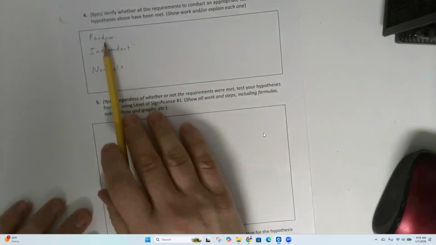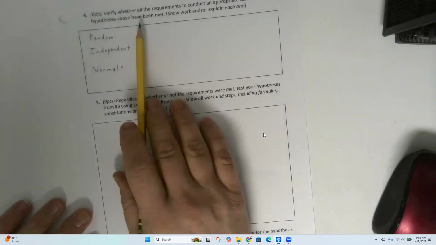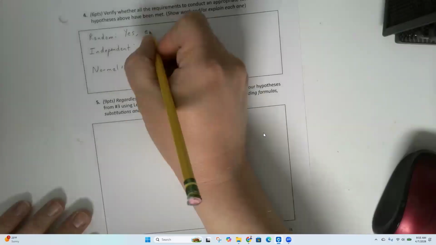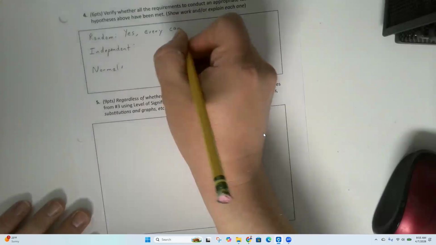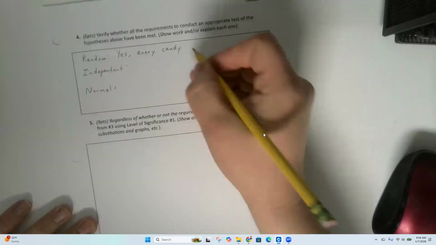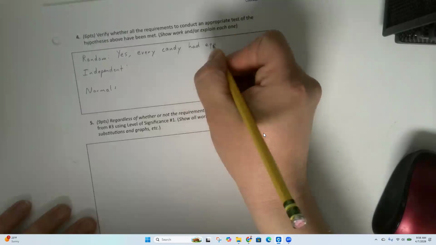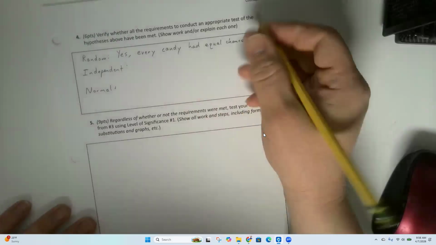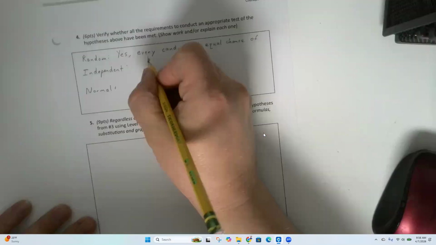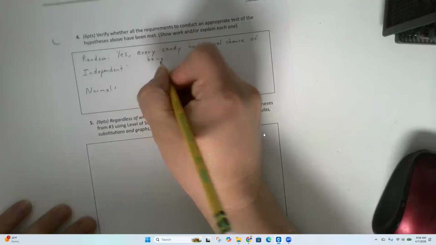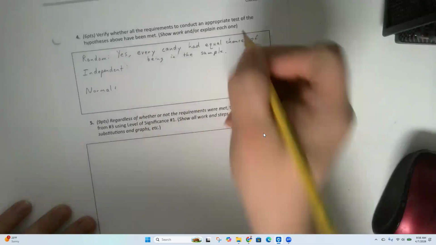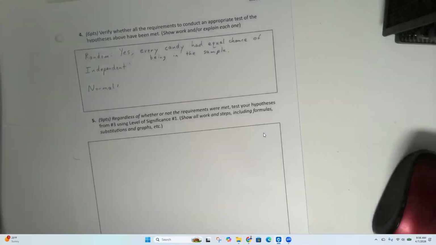First of all, random. We didn't pick and choose our M&Ms, did we? We just got a random bag, right? So yes, every candy had equal chance of being in the sample.